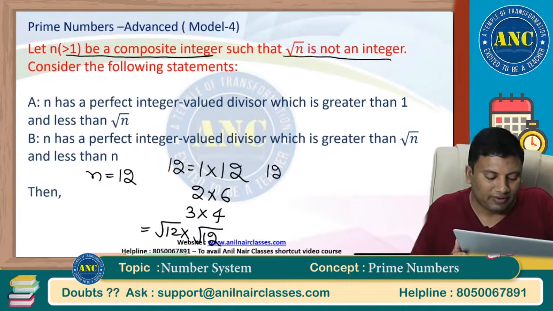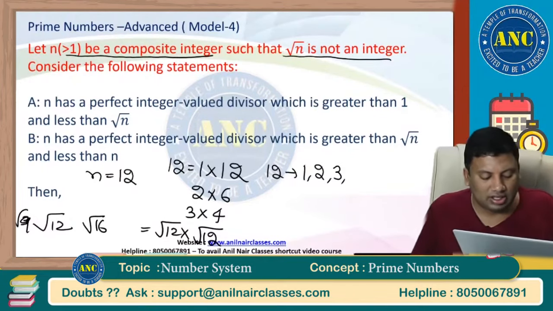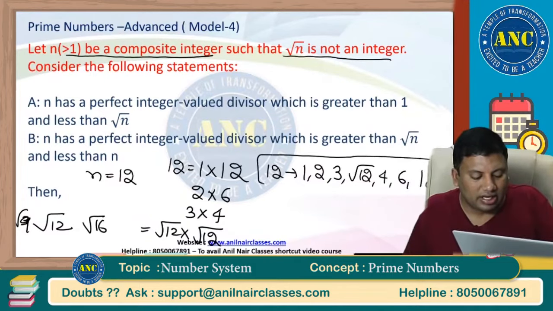Root 12 lies between root 9 and root 16. Root 9 is 3, root 16 is 4. So, 1, 2, 3, root 12, 4, 6, 12. I am writing like this because it will be useful in my question.